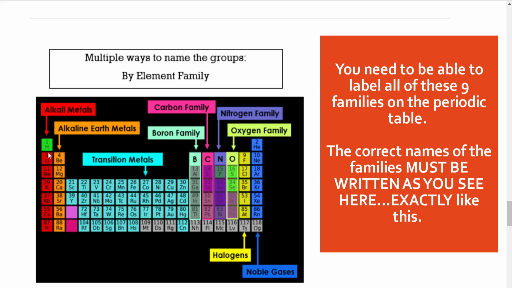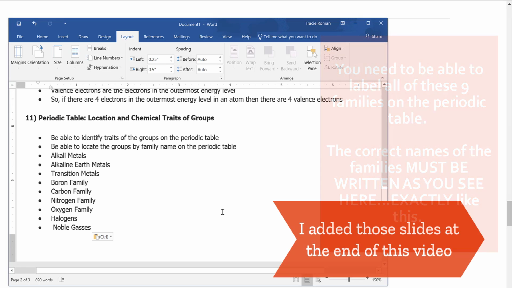If you look in the PowerPoint presentation, there are traits of the different groups by family name, and that is where you'll get the information for this section of the study guide.